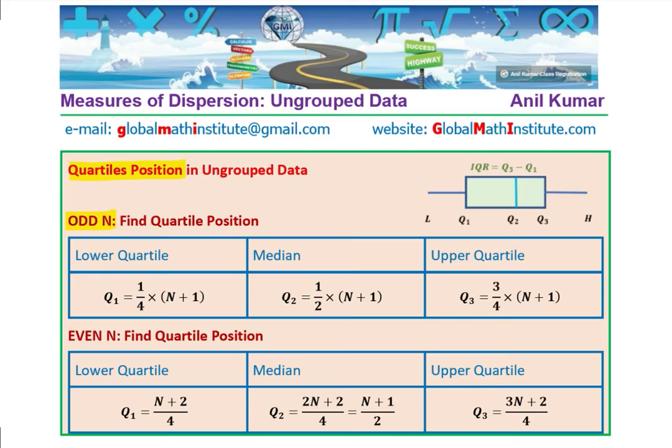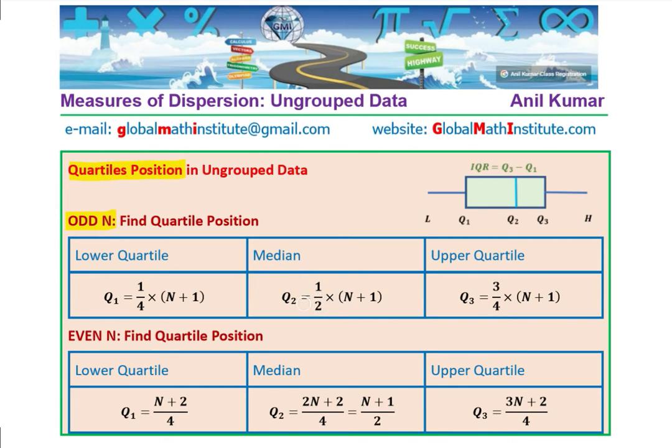For the median, n plus 1 divided by 2: if the data elements are 11, add 1 to it, divide by 2. So the 6th element is right there in the middle, 5 on each side, and you get the median.